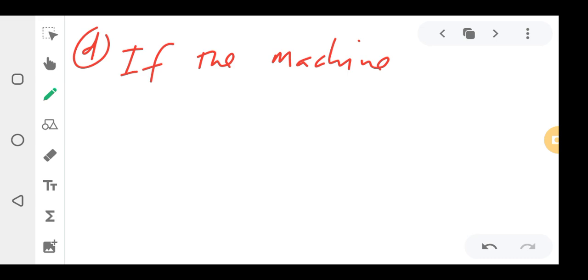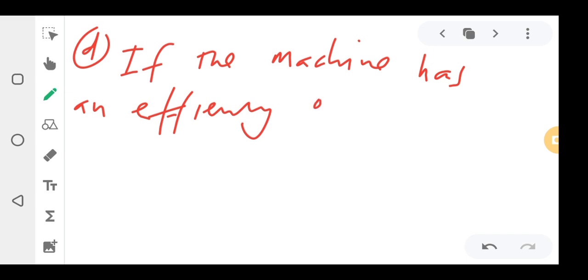If a machine has an efficiency of, let's say, 80%. I've taught you how to do this. Calculate the applied force.